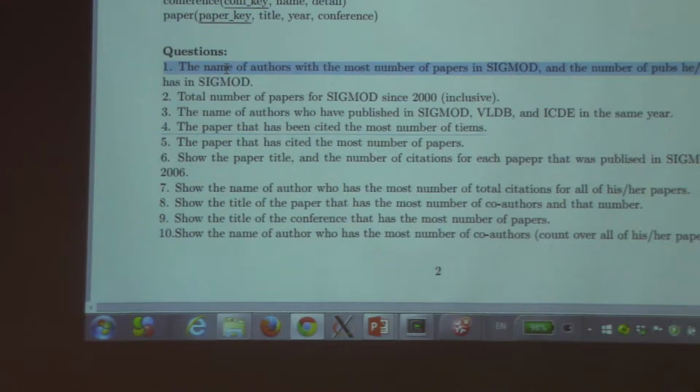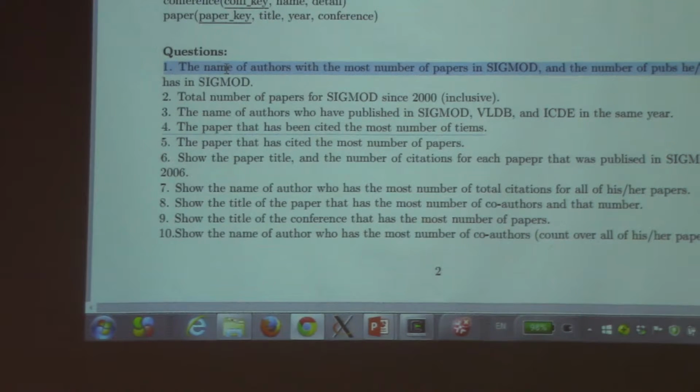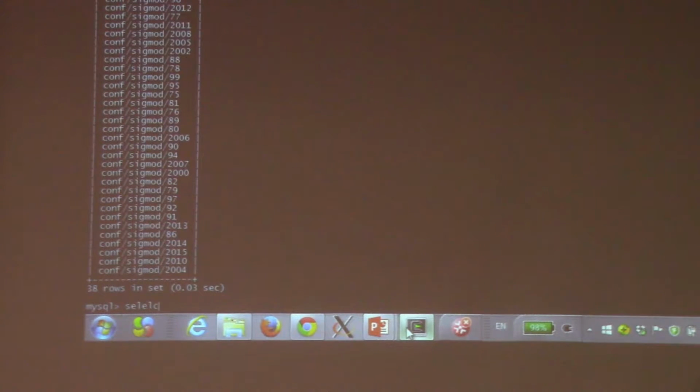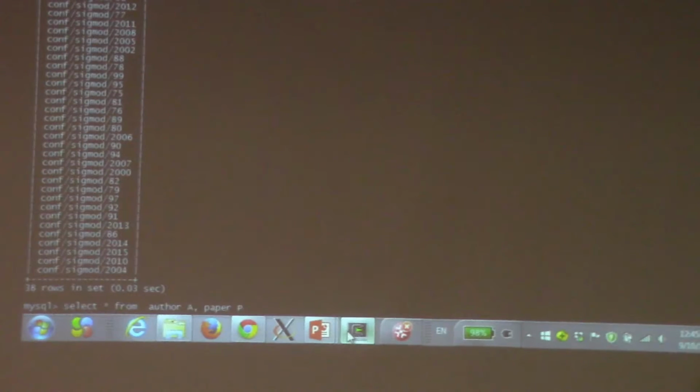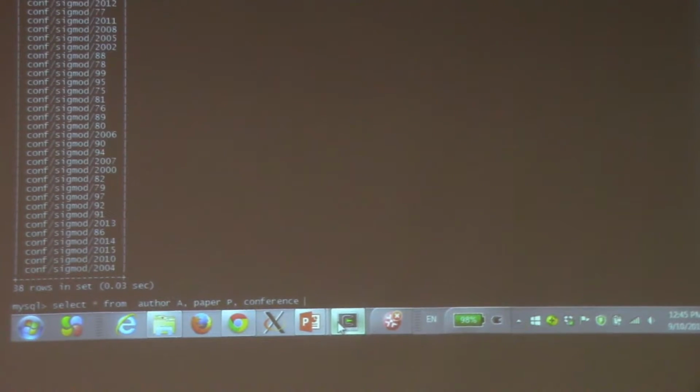On the paper key. Obviously you need to involve author and paper and the conference, because that's where you can specify the Sigma conference.